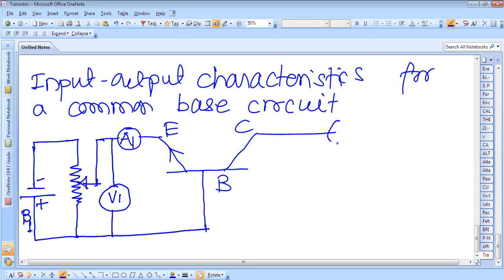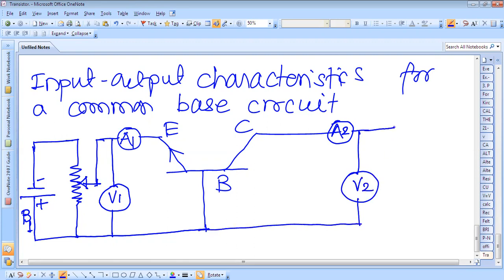Here also we have to measure the current, therefore we will connect one ammeter here in series. We also have to measure the voltage here, so we will connect voltmeter V2, and again we have to keep or vary this current, and that can be varied by connecting it to the rheostat.